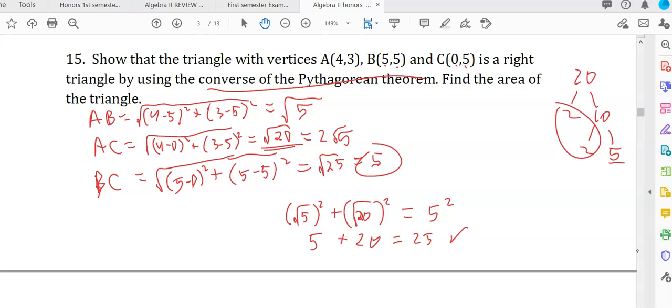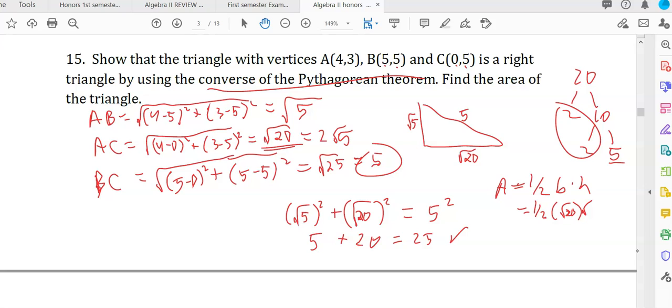Find the area of the triangle. Oh, well, so if you draw this triangle, it's going to be one side square root of 5, one side square root of 20, and this side is 5. So the formula for area of the triangle is 1/2 base times height. So 1/2, I guess, square root of 20 times square root of 5.